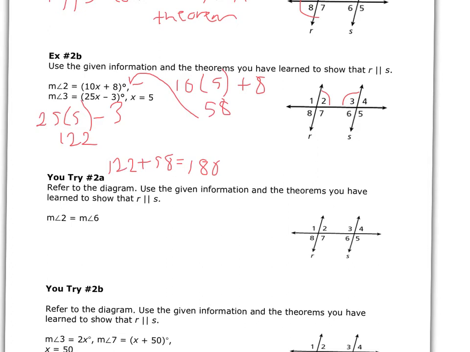Since those add up to 180 degrees, we can say that measure angle 2 and measure angle 3 are same side interior angles.